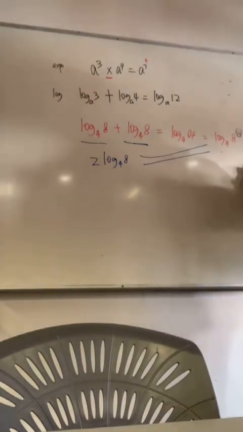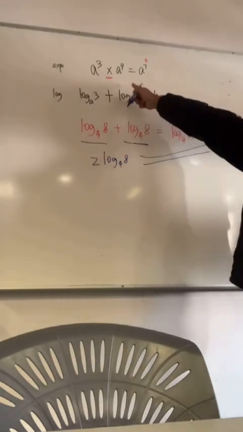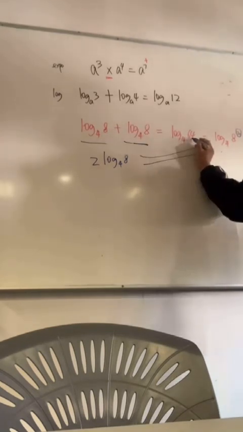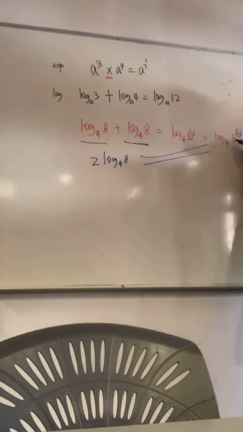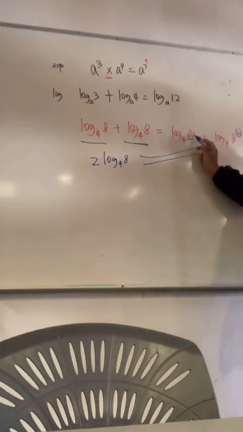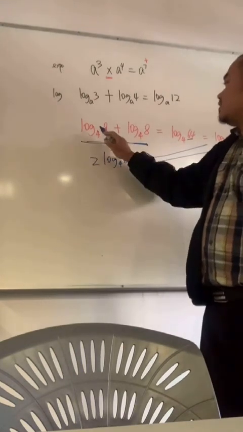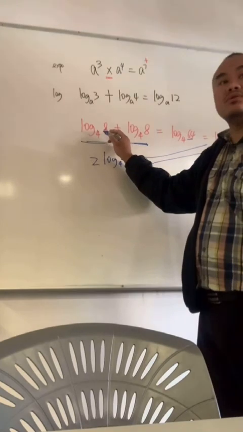Okay, so this guy plus this guy, by the law we just did, we know it's a times a equals 64. And we know 64 we can write in this form, a squared equals 64. Does it make sense? And also with the left side, this guy plus this guy we know is 2 times this guy. Make sense?